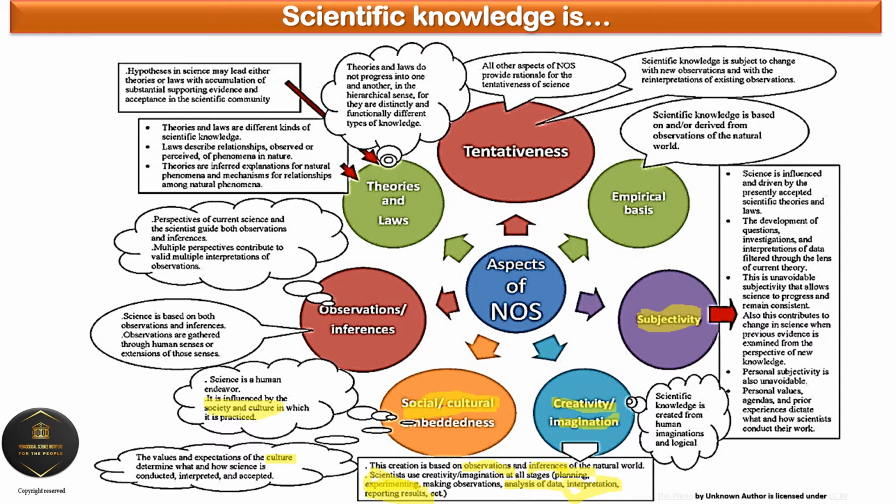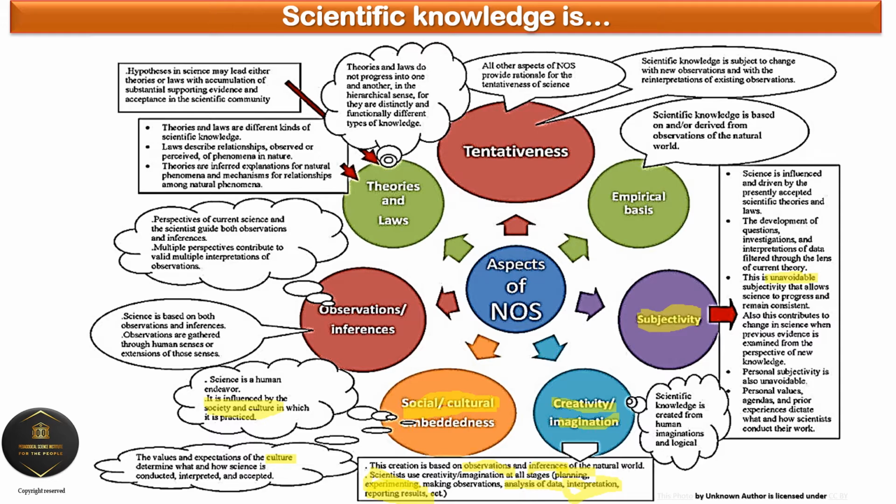And something very important is that this is unavoidable. We can't avoid that because when you are learning something new, you are basically adding on to what you already know. So it's unavoidable for us to be subjective.